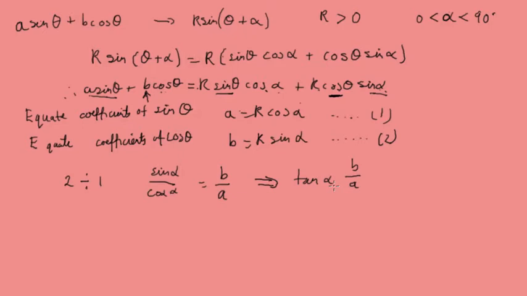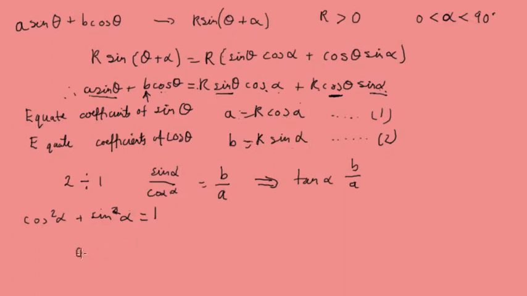Now we're going to use our identity that cosine squared alpha plus sine squared alpha must be equal to 1 to get the next part. a is this and b is that.